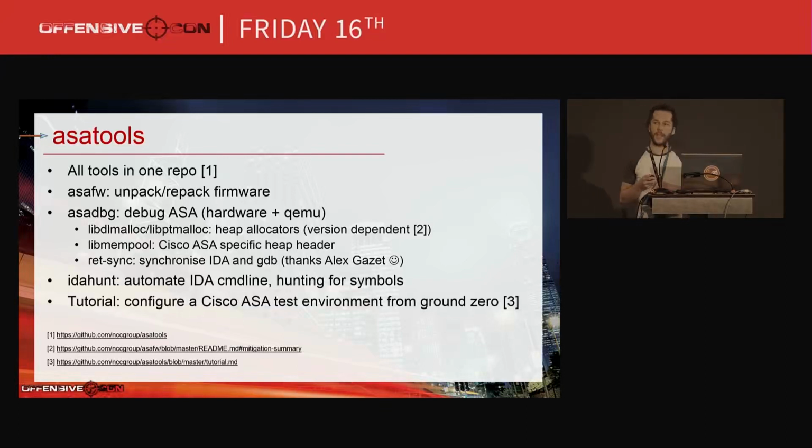The other thing we ended up doing is building tools to analyze heap structures. They support, depending on the version, either DLmalloc or ptmalloc. So we wrote tools to display the heap so we could analyze the heap feng shui and structures in memory. We also wrote a tool to analyze the mempool structures.